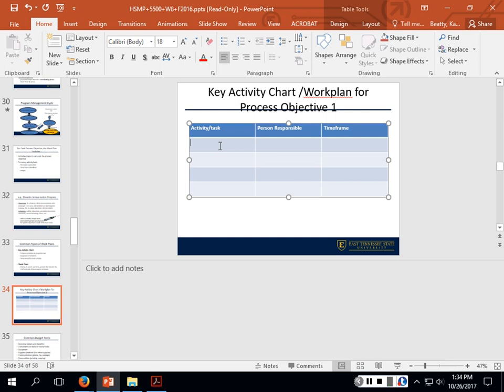And again, identify and hire program staff, for example, design educational campaign, etc. And you'll identify not the name, but the position responsible. Again, this can be your program director, it can be your health educator, your nurse, your media specialist, and the time frame. Okay.